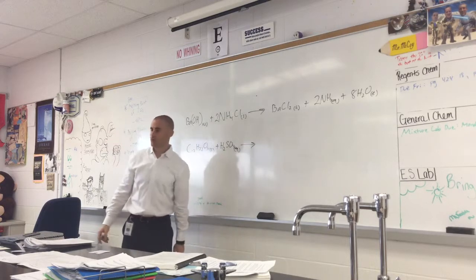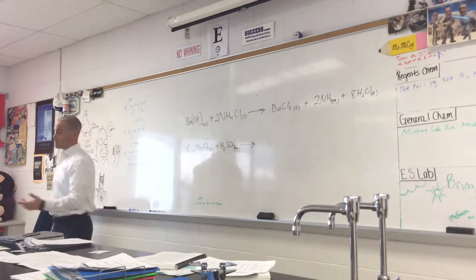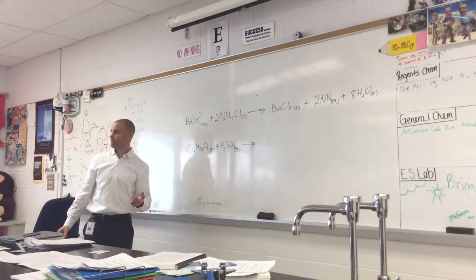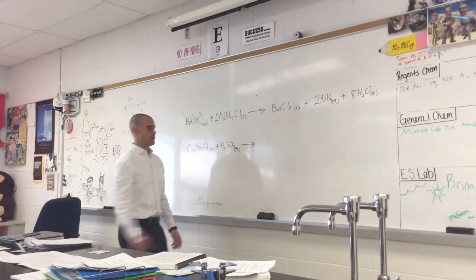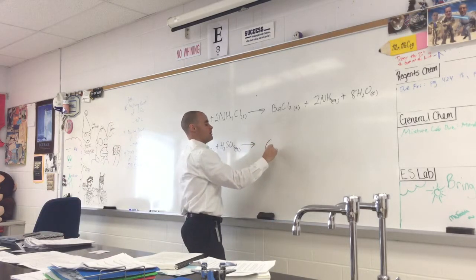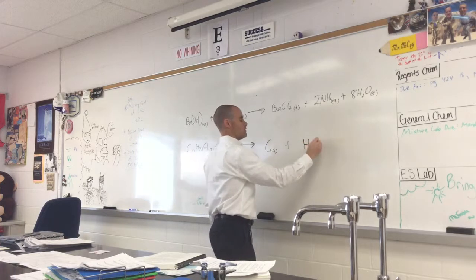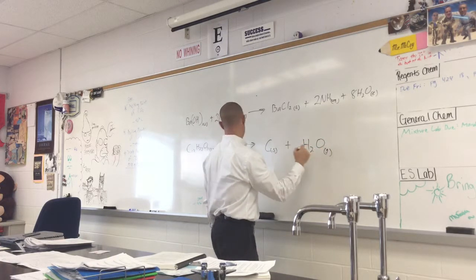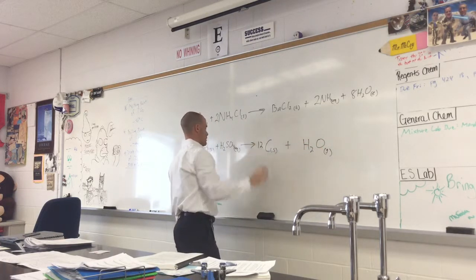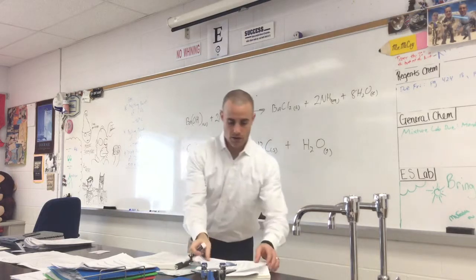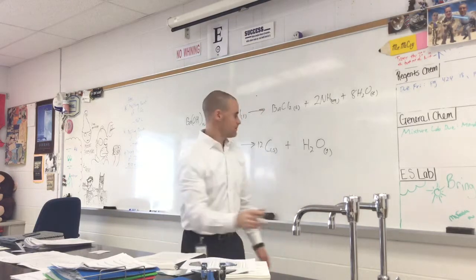And then the two products were steam, that's water, and what was the black thing? Carbon. Just carbon. So carbon solid plus water, H2O gas, and I think this is 12, I don't know, what's the other one, like 18 or something like that, 11.